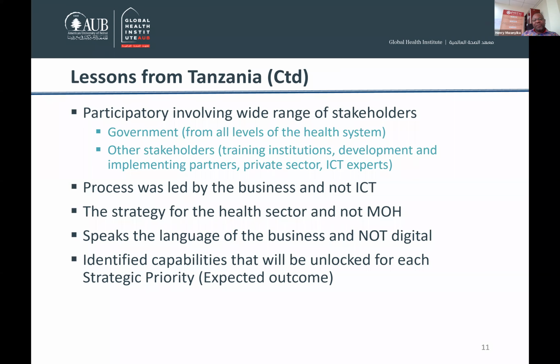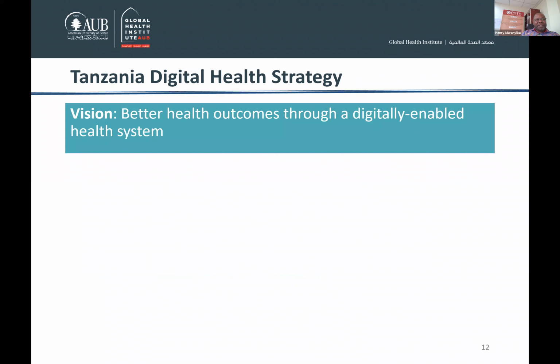So the strategy in Tanzania came up with a vision, which was to have better health outcomes through a digitally enabled health system. And the mission was to accelerate transformation of the Tanzanian health system through innovative, data-driven, client-centric, efficient, effective, and integrated digital health solutions.